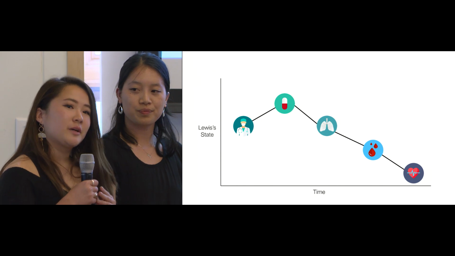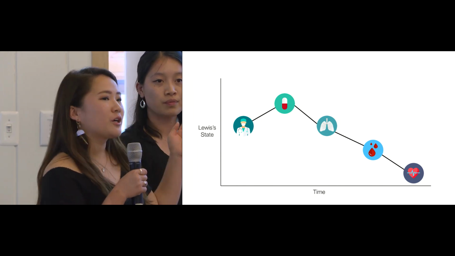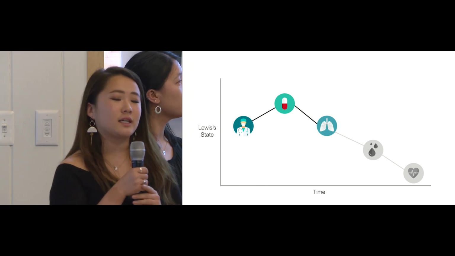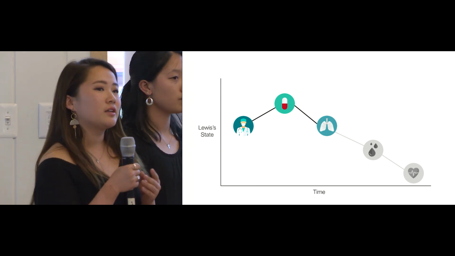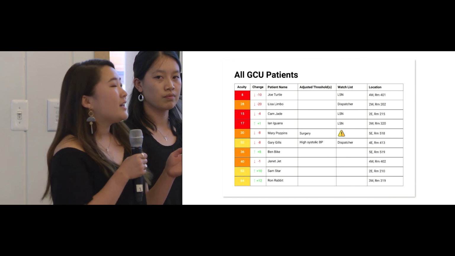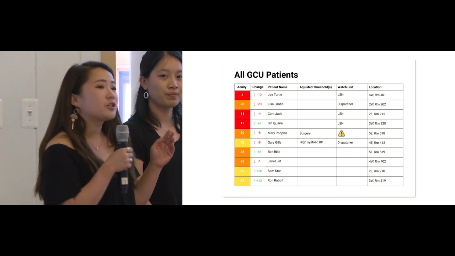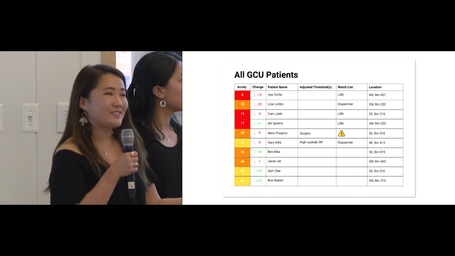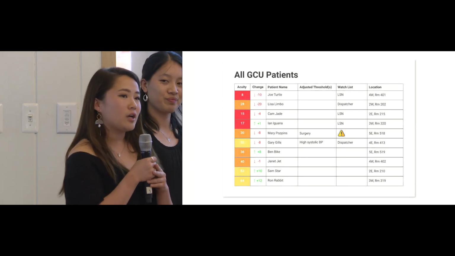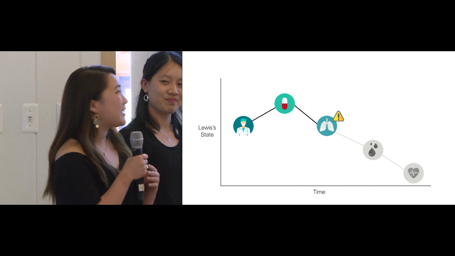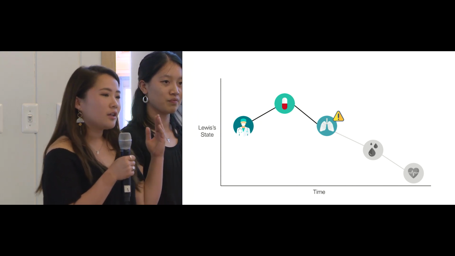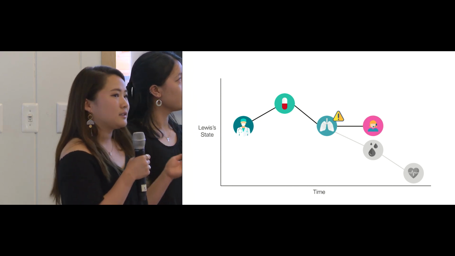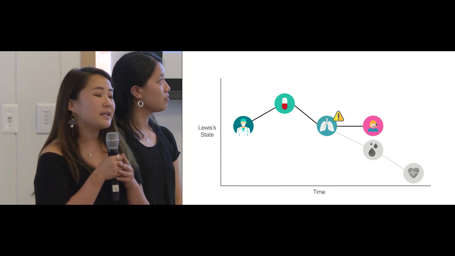So going back to Lewis, the downward trend that we saw following the administration of the painkillers could have been detected by the dispatcher had the command and control system been set in place. So the dispatcher would have been notified with the alert addressing Lewis's poor trending, and from that, the dispatcher would have been able to call the life safety nurse and ask them to see Lewis and attend to his bedside.